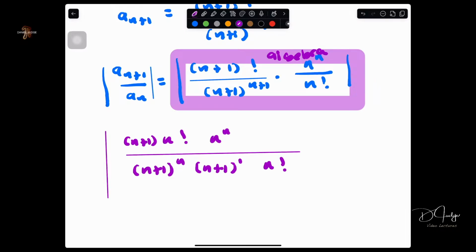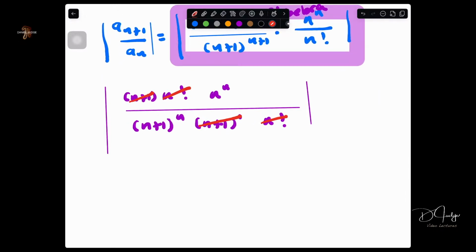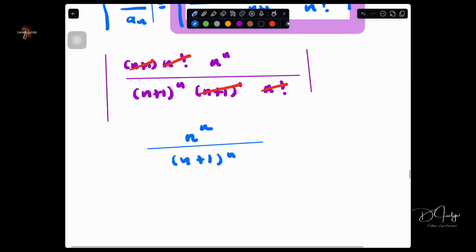And that's over n factorial in absolute value. So just use the cancellation property now, and the fact that everything you have between the absolute value sign is positive, which means you're left with n to the n over n plus 1 to the n.